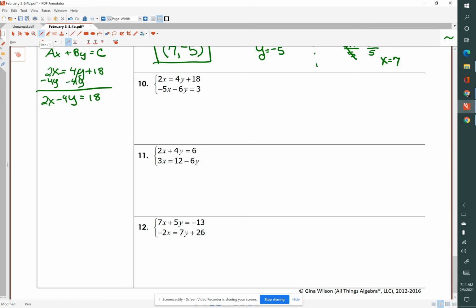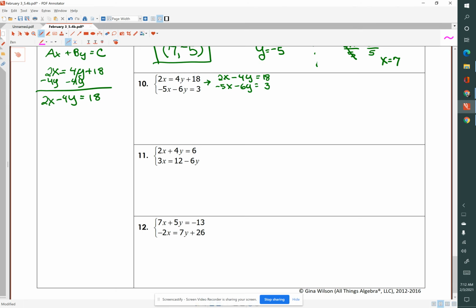So now that I've got this first equation in standard form, I'm going to rewrite that. 2x minus 4y equals 18. And the second equation, negative 5x minus 6y equals 3. Now, I still need to find those matching coefficients.